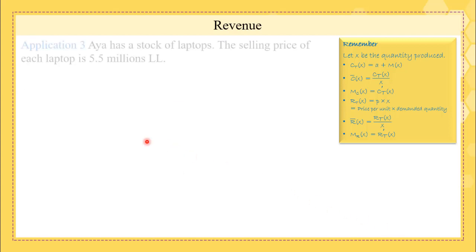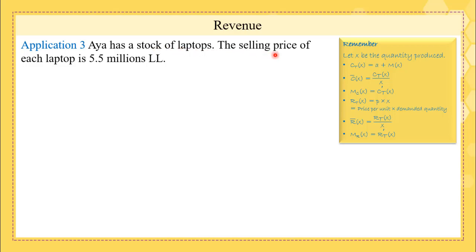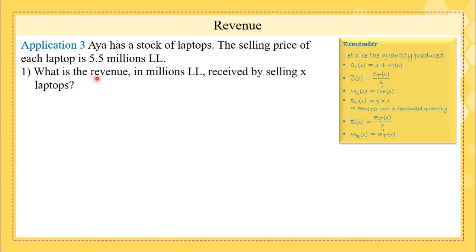Now, application 3. Aya has a stock of laptops. The selling price of each laptop is 5.5 million Lebanese lira. Part 1. What is the revenue in millions Lebanese lira received by selling X laptops?